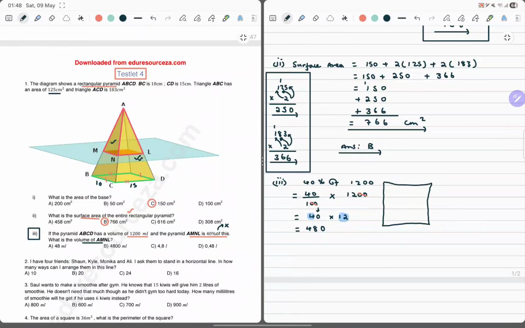Let's do it. So if you want to be convinced, you're going to say 40 times 12. As you know, 2 times 0, 0. 2 times 4, 8. Then you place a 0 there. 1 times 0 is 0.